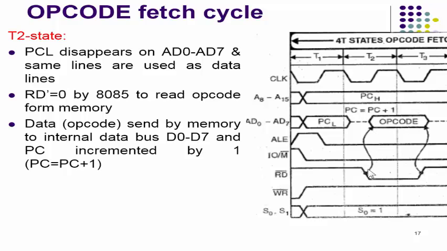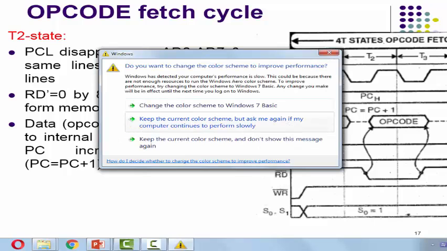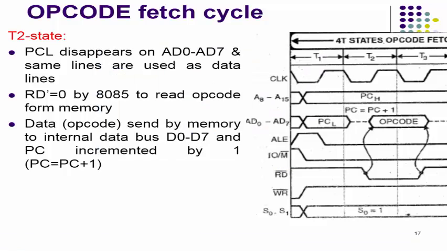The opcode is sent by the memory device to the internal data bus D0 to D7. So in this T2 state, the read bar signal goes to logic 0 and the memory chip connected to the 8085 microprocessor sends an opcode to the 8085 data bus D0 to D7.